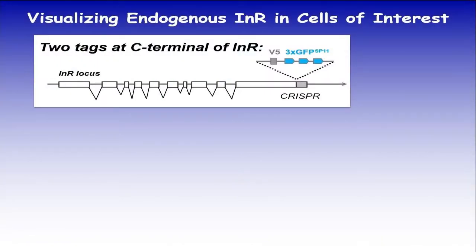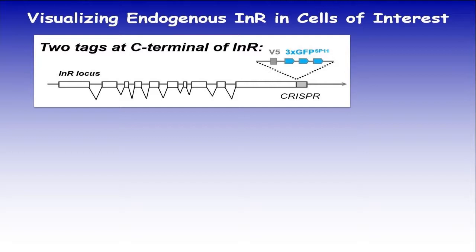Okay, the last bit I want to tell you about is where the insulin receptor is located, and how is the signaling path. One of the ambitions in development is to see all the endogenous proteins at single cell resolution.